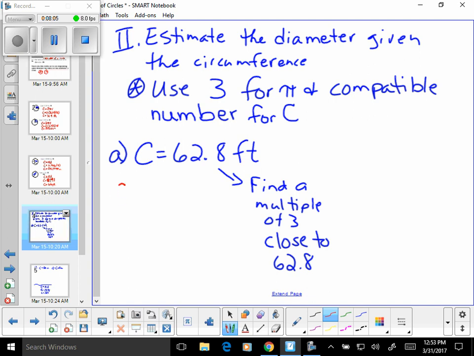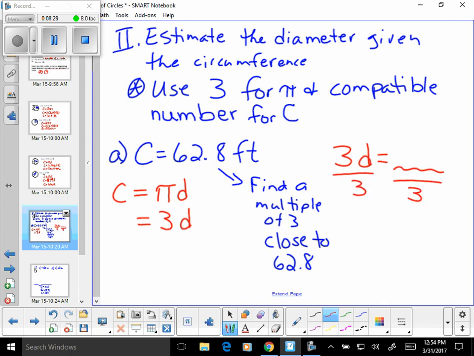Again, we're trying to find the diameter, so that kind of tells us we want to use the pi d formula. Now again, we want to use 3 for pi. So I'm going to put the 3 in here first. We don't know the diameter. You know good and well that we are going to have to divide this by 3. If, for example, we had 3d equals some number over here, you would divide both sides by 3.